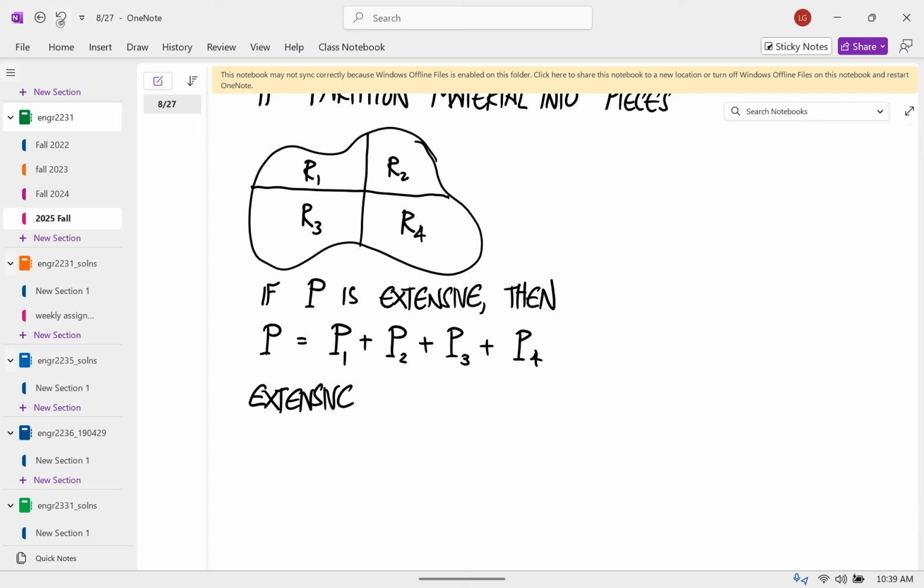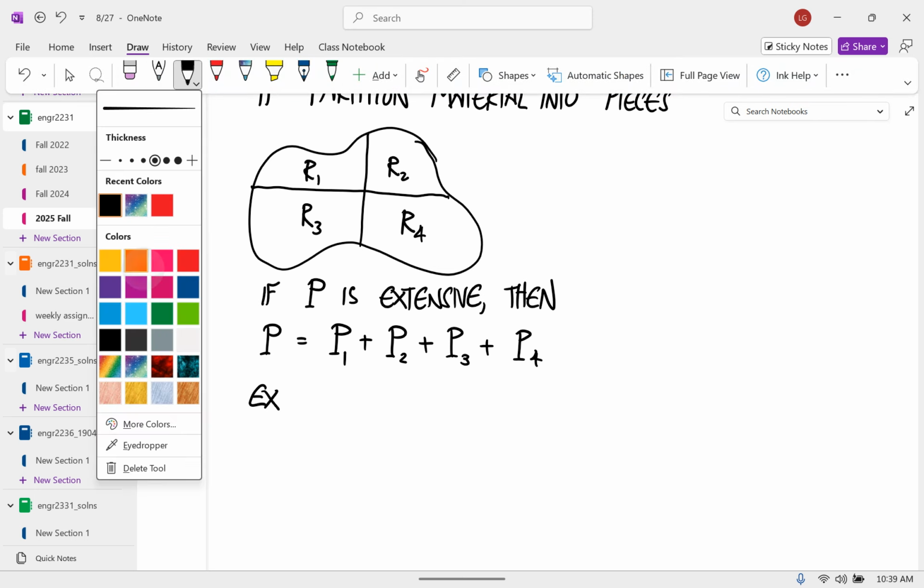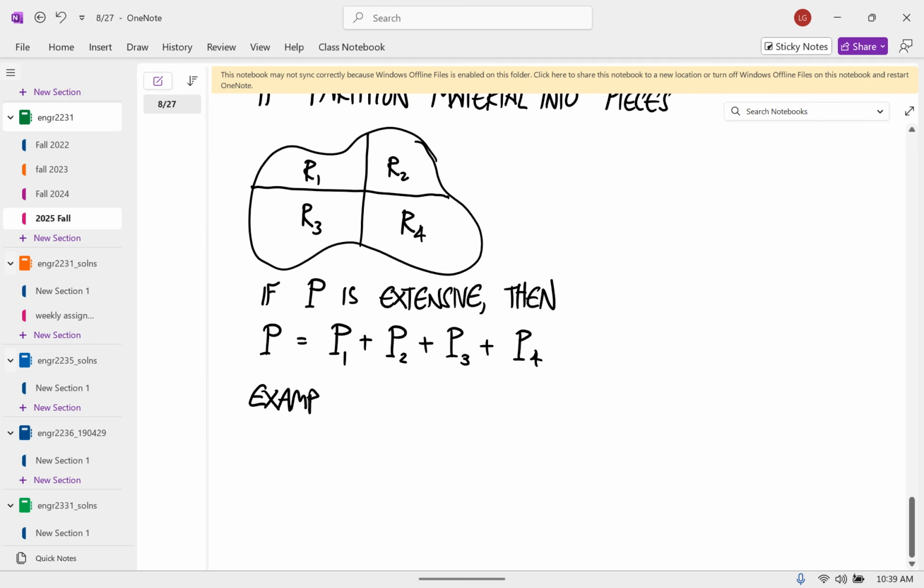So let's say examples. Volume, mass. Internal energy is an example.